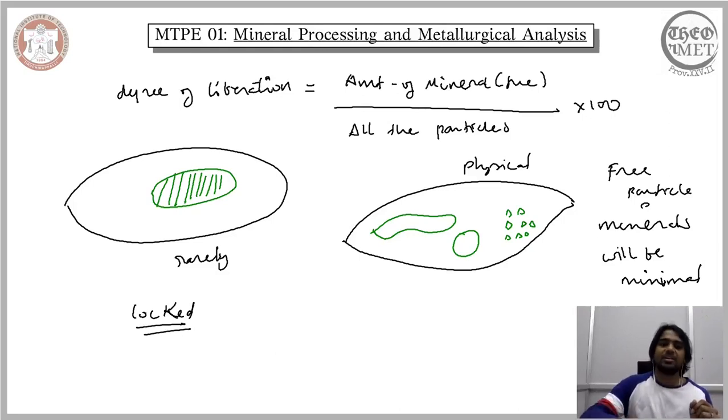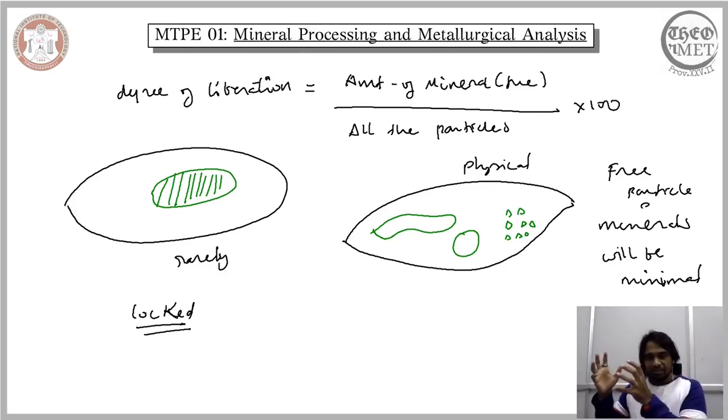So that means a considerable portion of the particles produced from the initial comminution needs to be subjected to subsequent comminution. So when you mine out a particle that is close to the ideal case, that is, close to the schematic one, the amount of locked particles produced from the first comminution will be quite low, and the free particles will be greater.